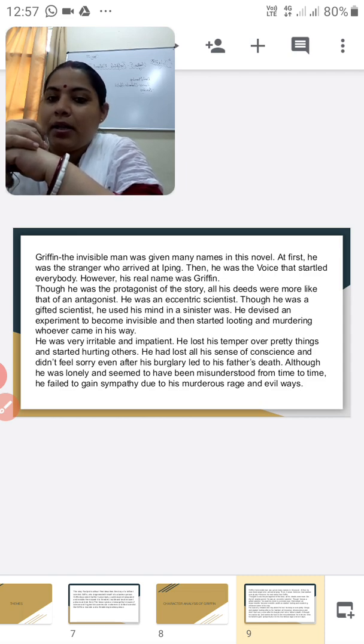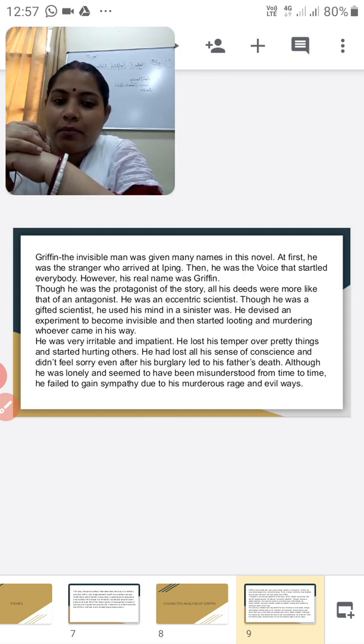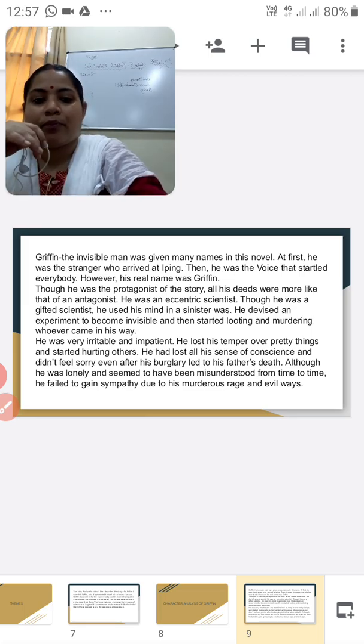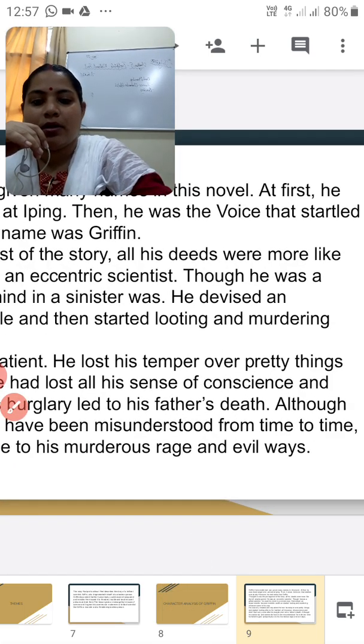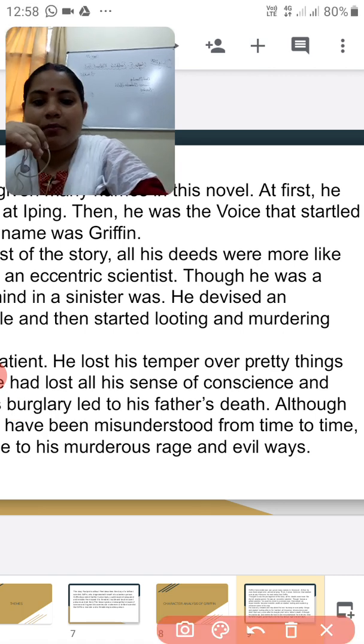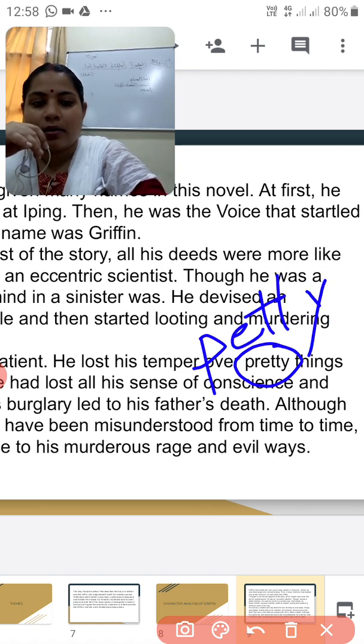He was very irritable and impatient. He lost his temper over petty things. Again, I just make the correction over here. This is petty. Okay, petty.